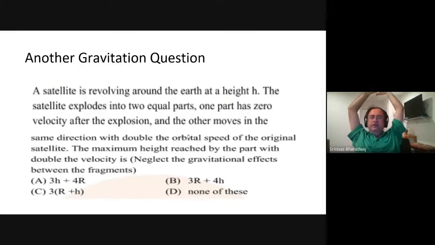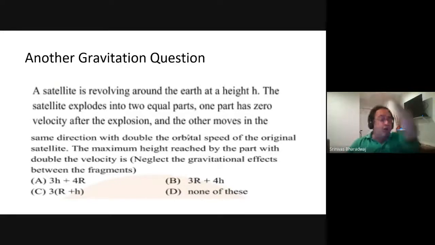Now if it is 2 times that, what is the maximum height reached with double the velocity? Well, here's the thing. It's more than square root of 2GM by r. If it is more than square root of 2GM by r, then it is more than the escape velocity.